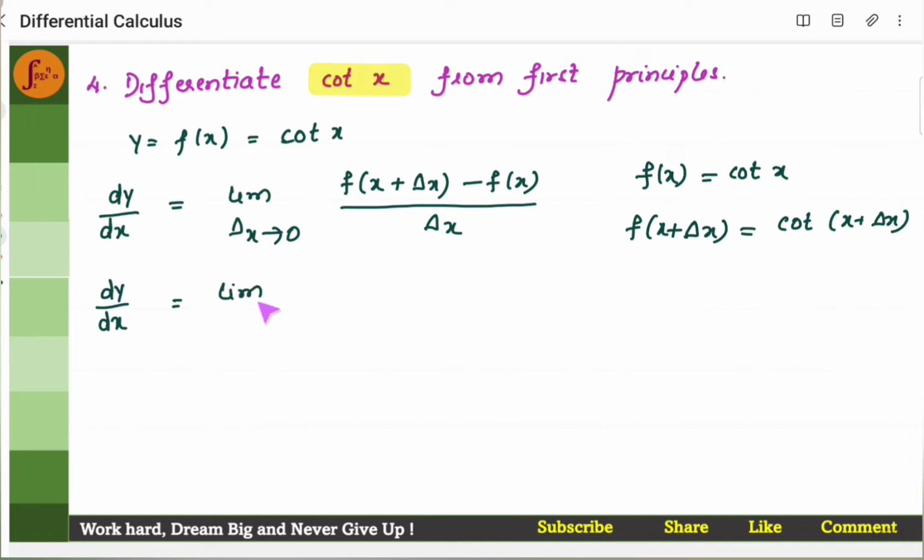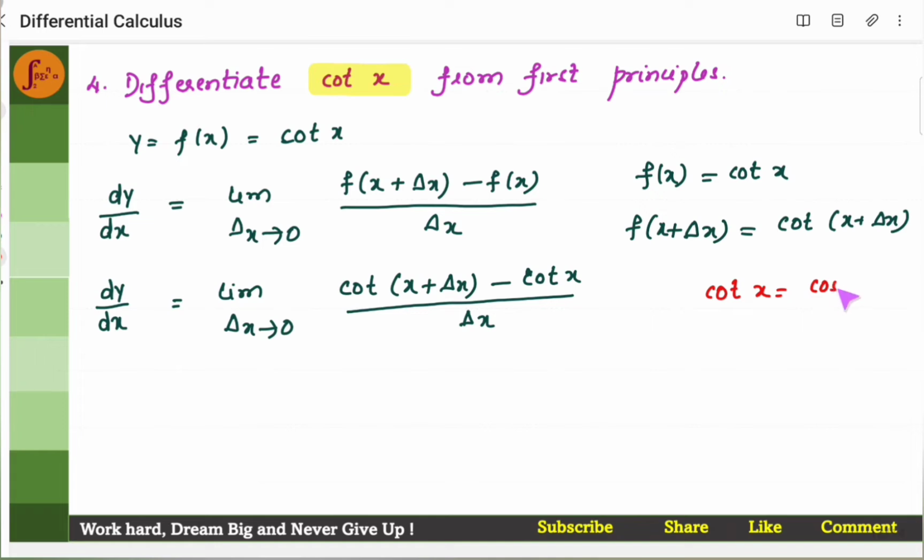So I'll write this as limit delta x tending to 0. f of x plus delta x is cot of x plus delta x. What is f of x? Cot x, upon delta x. Now what is cot x? Cot x is cos x by sin x.